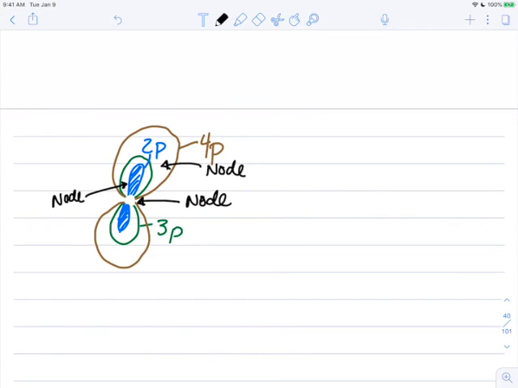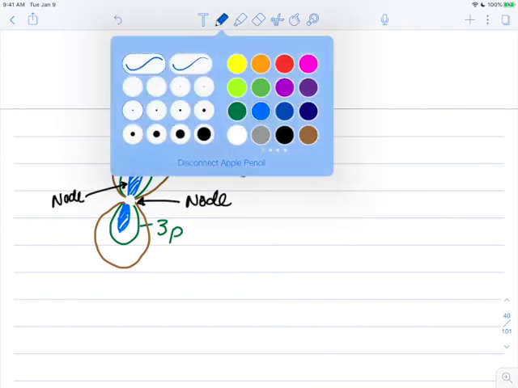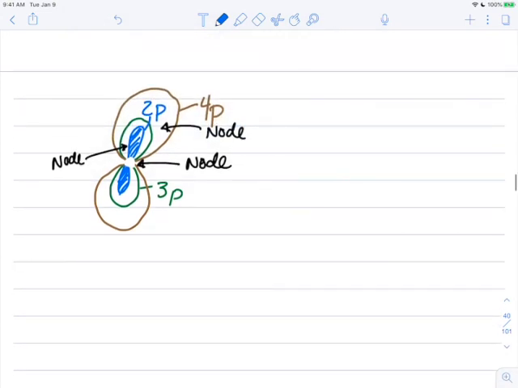But the p has an additional node right in the center, because electrons are not supposed to hang out in the center. They can either be in the top half or the bottom, but they should not hang out in that center area. Okay, so questions about the p at all? Electrons in the 2p are stuck and they can't move at all, but electrons in the 3p and 4p can move.